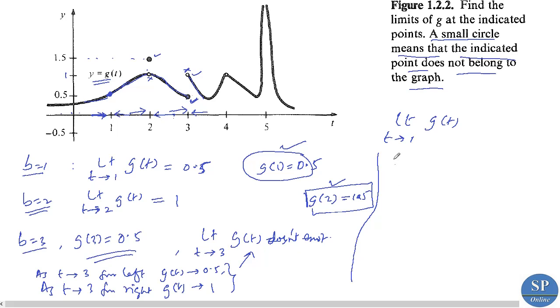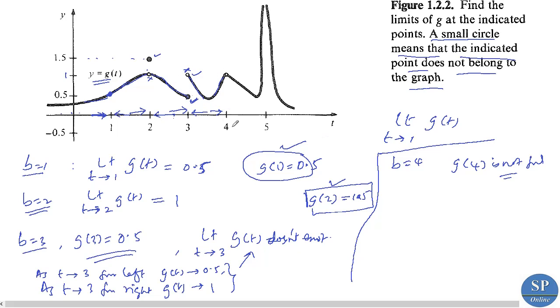Then now b equal to 4. B equal to 4 means we have from this figure g of 4 is not defined. Okay, because from this figure we can see that this is a circle here, so g of 4 is not defined. But what about the limit? As t approaches to 4 from left, we can see that the curve approaches to this point is 1.